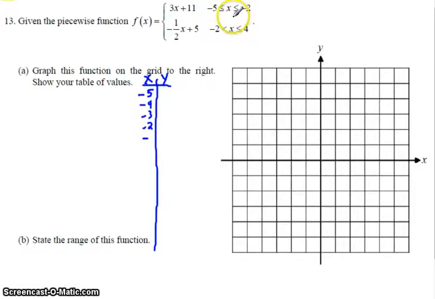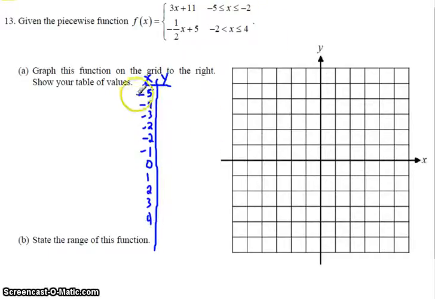And this is what's kind of weird: I'm going to actually repeat the -2 for this line. So I'm going to repeat it here, and I have to go all the way to 4. So I actually did have more than enough room here.